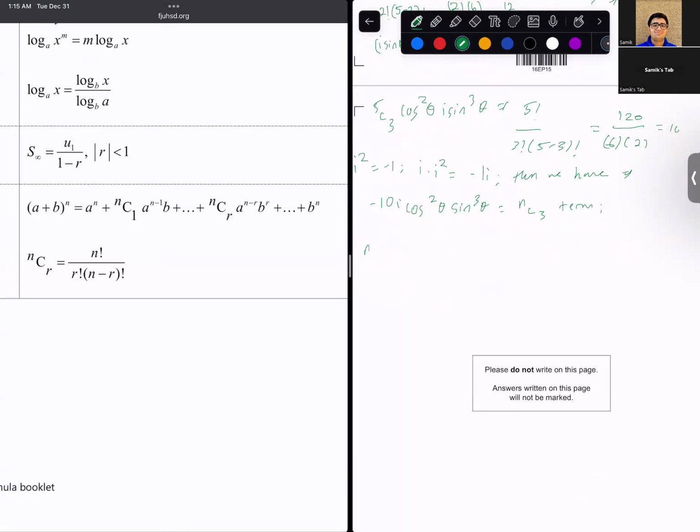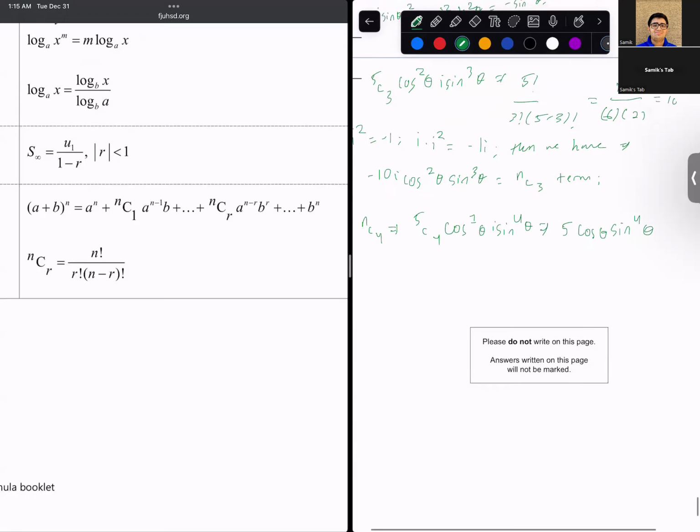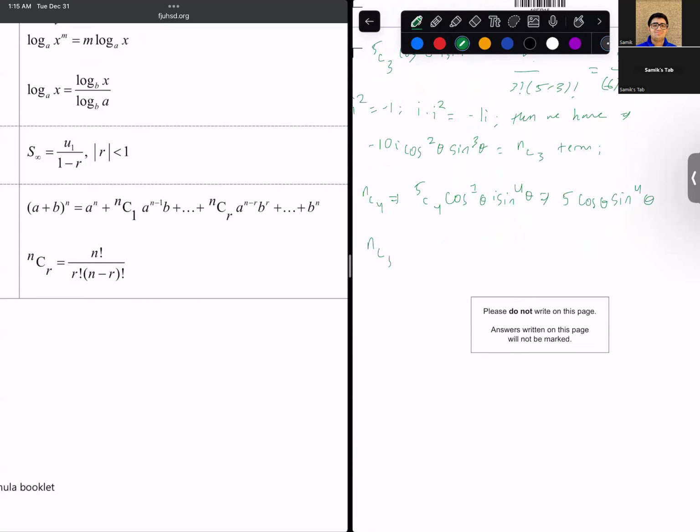Then for our nC4, we have 5C4 cos theta times (i sine theta)^4, which is, doing this in your head, basically 5 cos theta sine^4 theta. The last term is going to be 5C5 cos theta raised to 0 times (i sine theta)^5, which is i sine^5 theta.